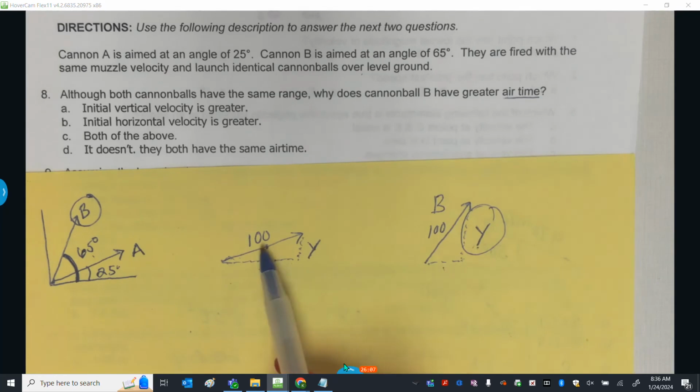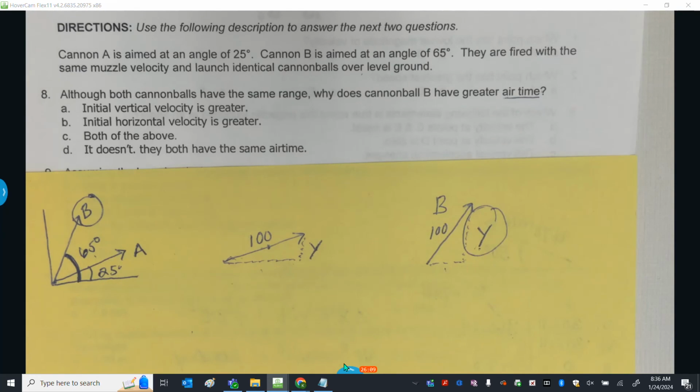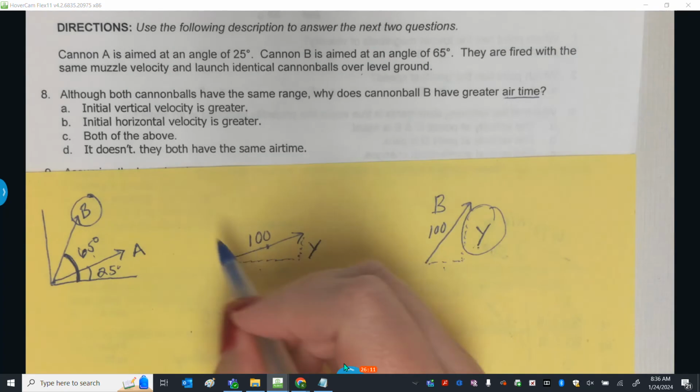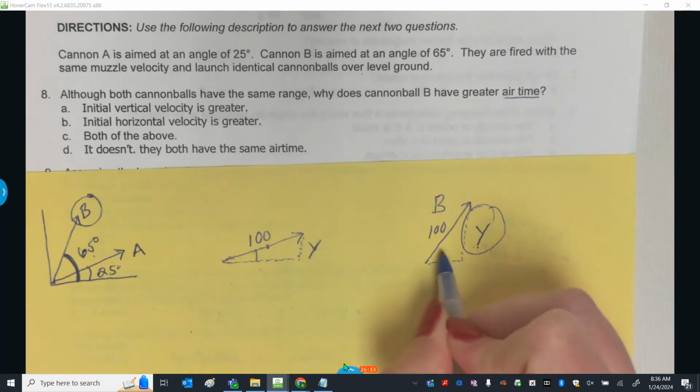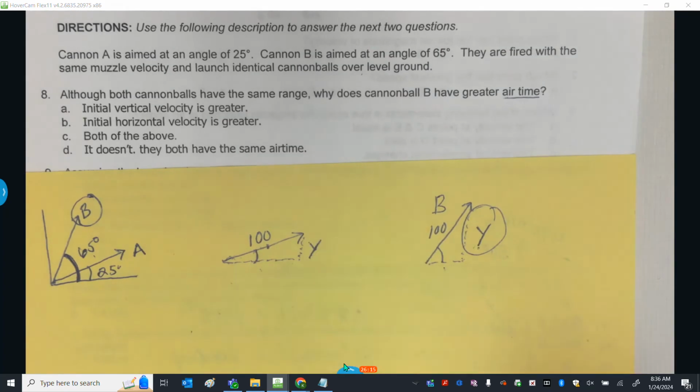Both of them are, let's say, 100. It doesn't say what it is. Okay, but they're at different angles. This one is only at 25 degrees. This one is at 65 degrees. So it's asking you to look at the components of that initial launch velocity. But you just said they're the same. The launch velocity is the same. The components aren't the same. Oh, okay.